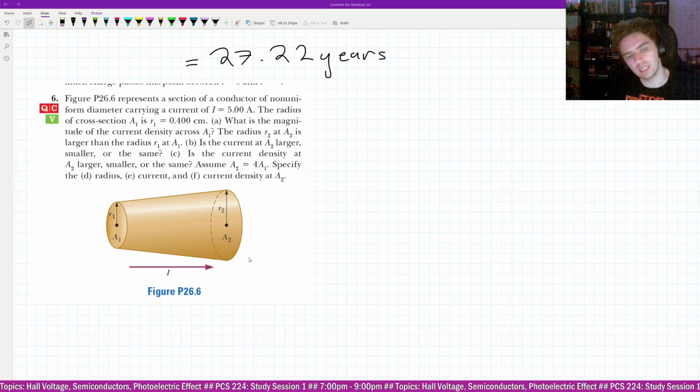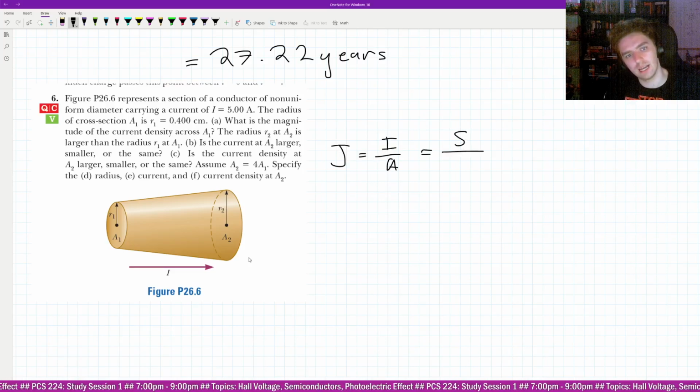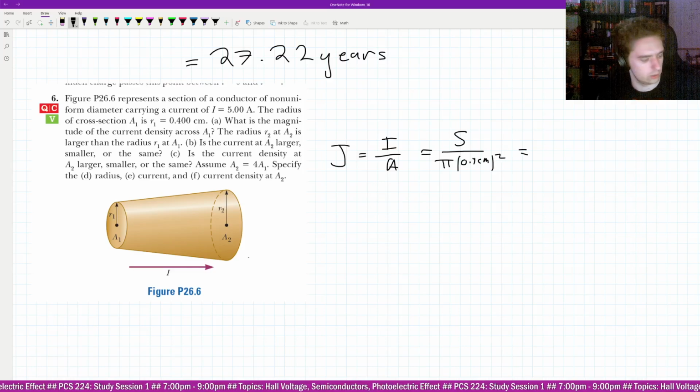Remember, current density is J, defined as current per area. The current is 5 amps and the area is pi r squared, so pi times 0.4 centimeters squared.